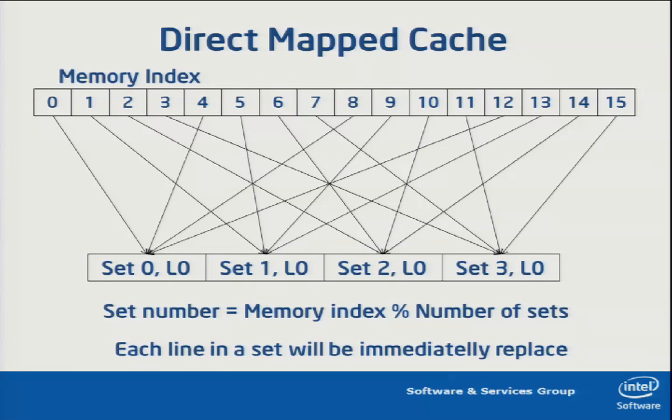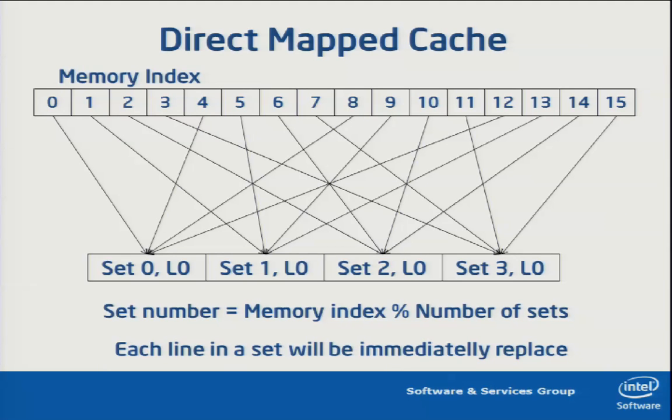And the set number for a given address is the memory index, so the number up here, modulo the number of sets. So basically, the 0 goes, of course, in 0, right? The 1 goes, of course, in 1, up to 3, because 3 modulo 4 will still be 3. But the 4 modulo 4 will be 0.